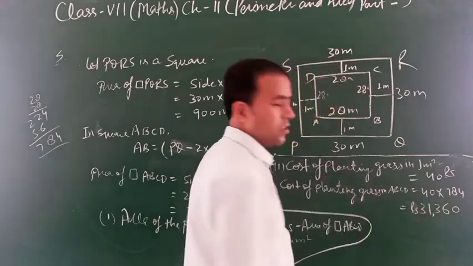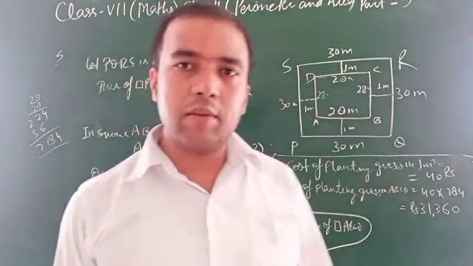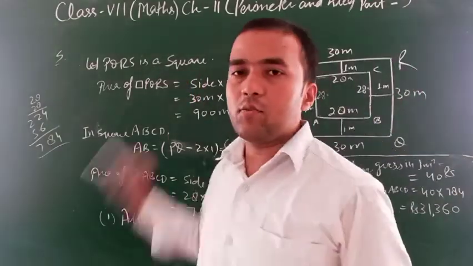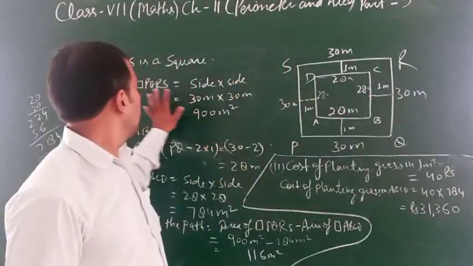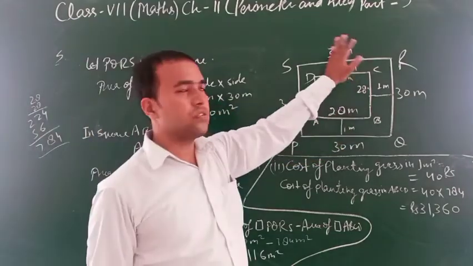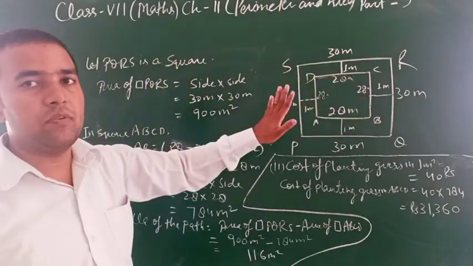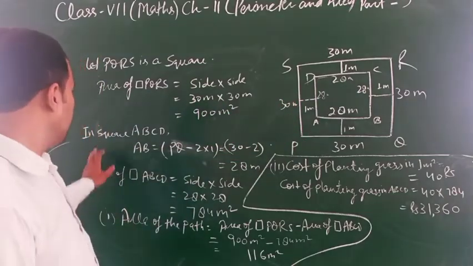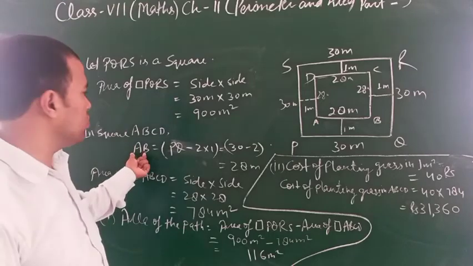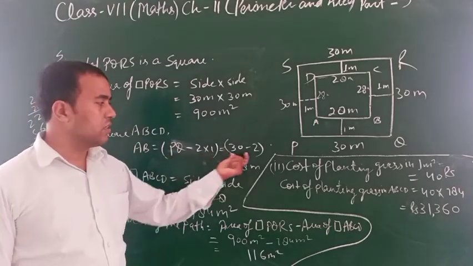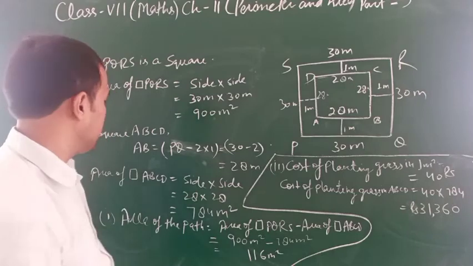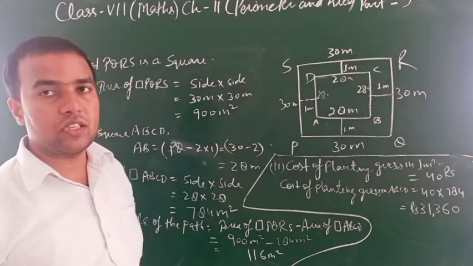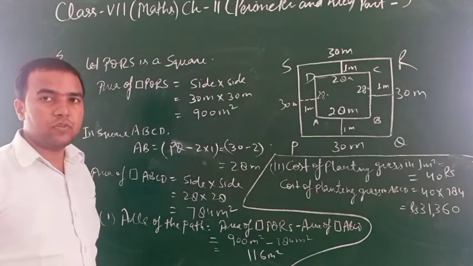31,360 rupees. Clear? Once again I am telling you, let PQRS be a square. Area of PQRS is side into side, 900 meter square. In square ABCD, AB equals PQ minus 2 into 1, that is 30 minus 2, 28. The area of ABCD is side into side, 28 into 28, equal to 784 meter square.